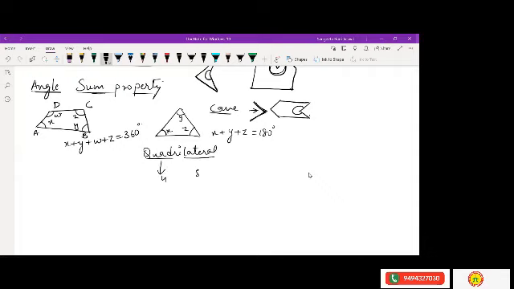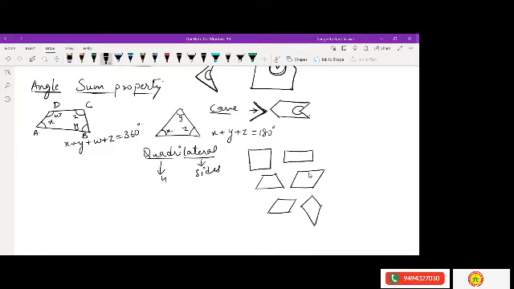Lateral means sides. Either it is a square, or a rectangle, or a trapezium, or a parallelogram, or a rhombus, or some shape like a kite. Any four-sided figure is called a quadrilateral.